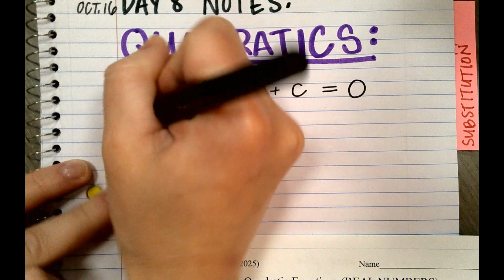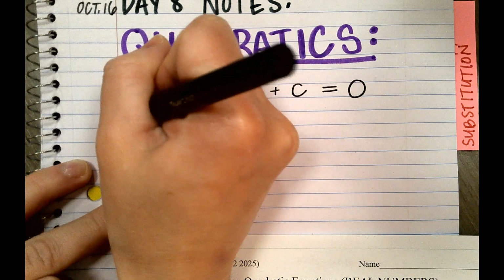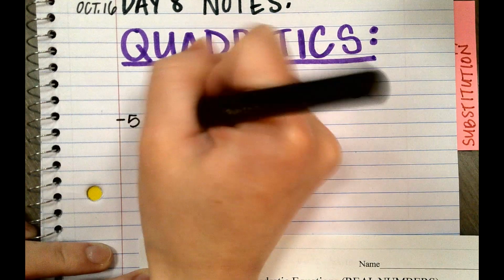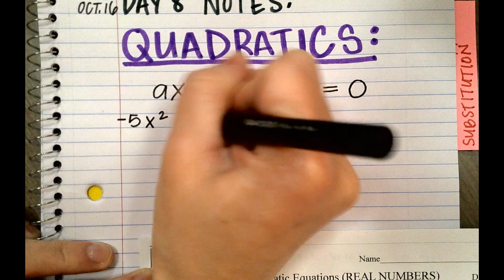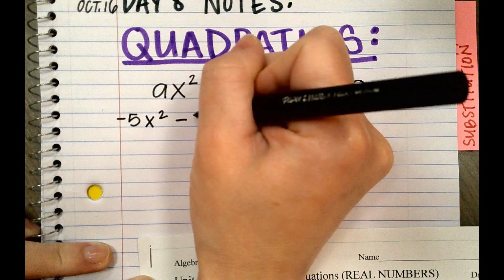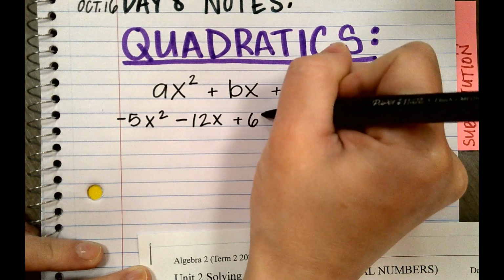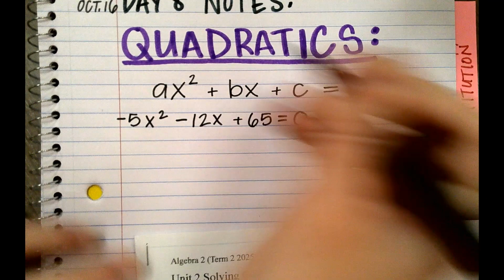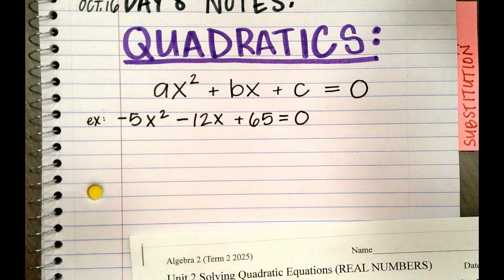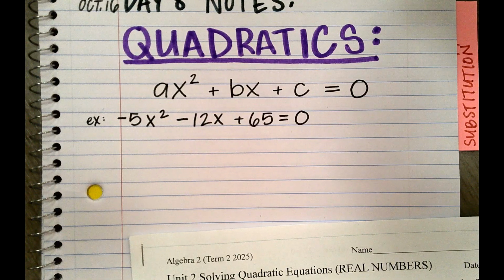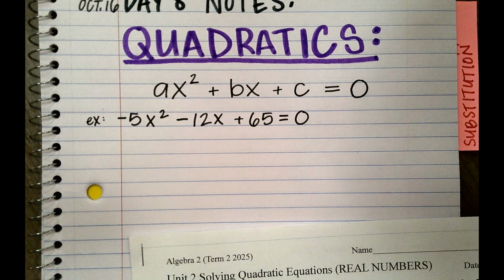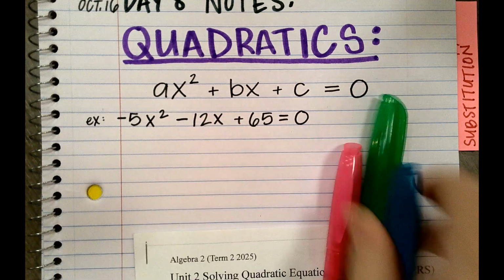So, underneath here, I'm going to write negative 5x squared minus 12x plus 65 equals 0. And then I'm going to pull out some highlighters. Use blue and green.